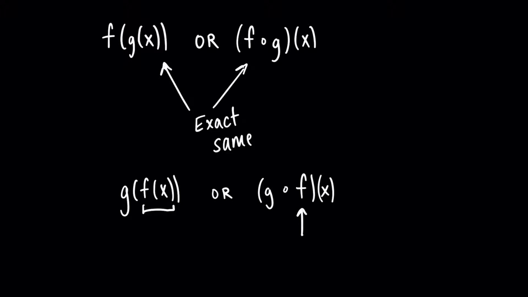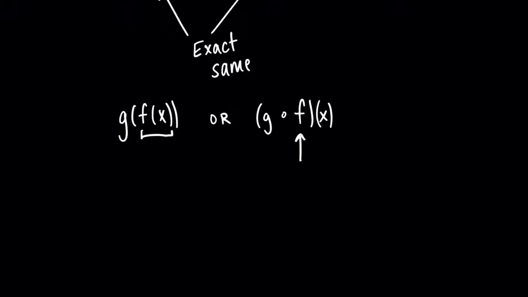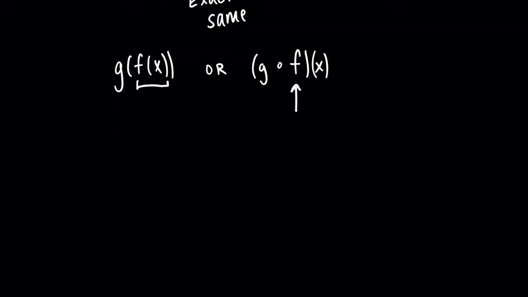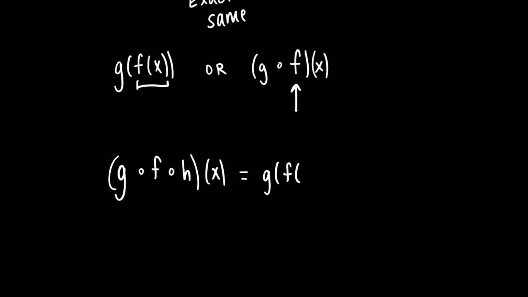The reason I'm bringing that up is if you see something crazy like g of f of h of x, where you have 3 of them, you're going to interpret this as g of f of h of x. So you'll do the h first, then you'll do the f, then you'll do the g at the end. You always go from the innermost and then work your way out.